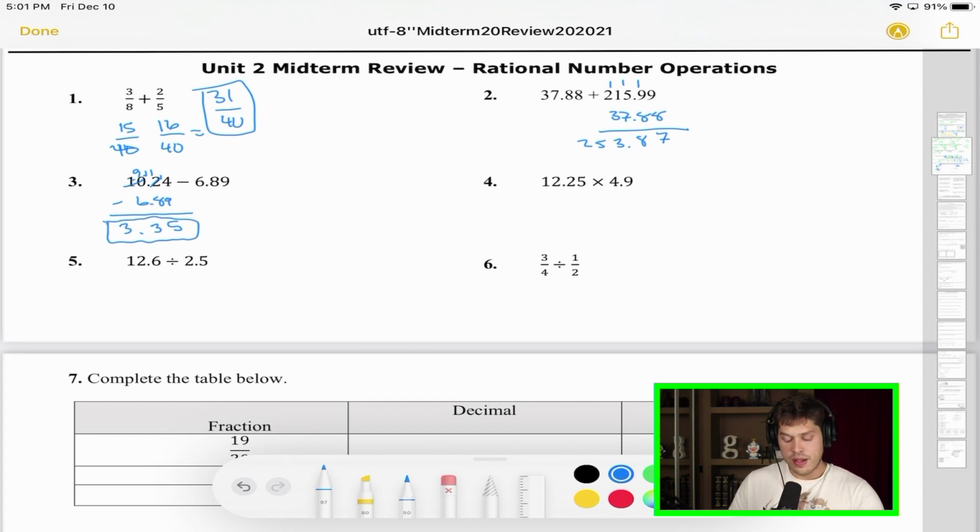Okay. Here we are multiplying. There's a few ways to do this one. You can think of it as 12 times 5, or 12.25 times 5. That might be a little bit easier.